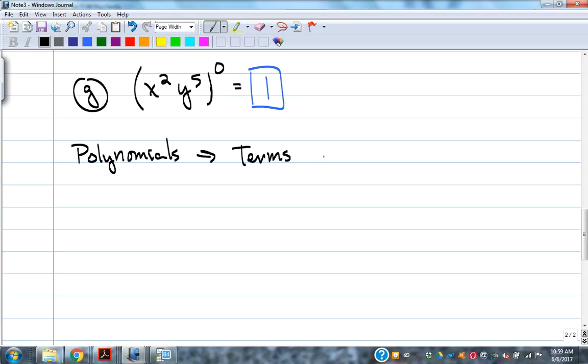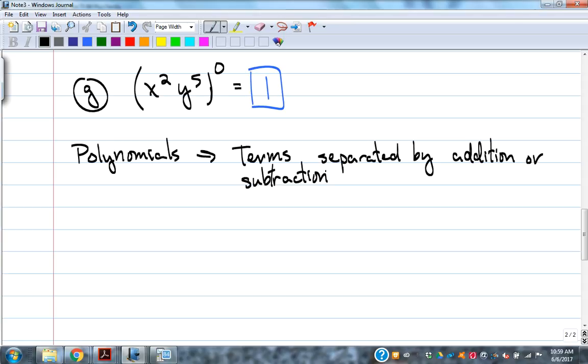Terms separated by addition or subtraction. So if I talk about how many terms the polynomial has, it's how many pieces are separated by addition or subtraction. Okay. So terms separated by addition or subtraction. Coefficients. Those are the numbers in front of variables.